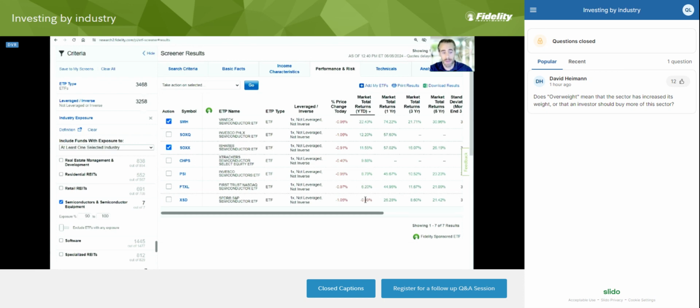We've got one of these semiconductor ETFs that's actually in the red. And this is a reminder that even for the ones we were looking at, SMH and SOXX, 22 and 11%, there's still a significant difference in performance, despite having those three stocks that make up roughly 20% of the fund. It's the overall mixture and composition that determines just how these funds perform.